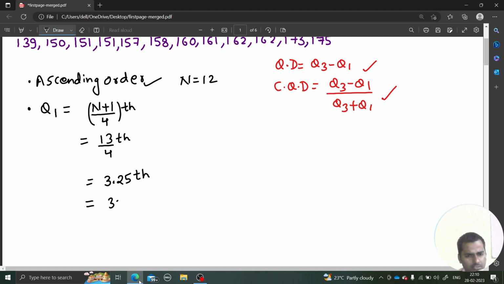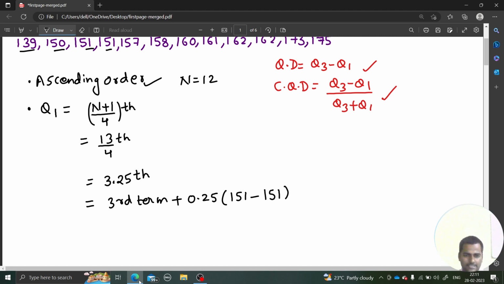The fourth term is 151, and the third is also 151 in this case.